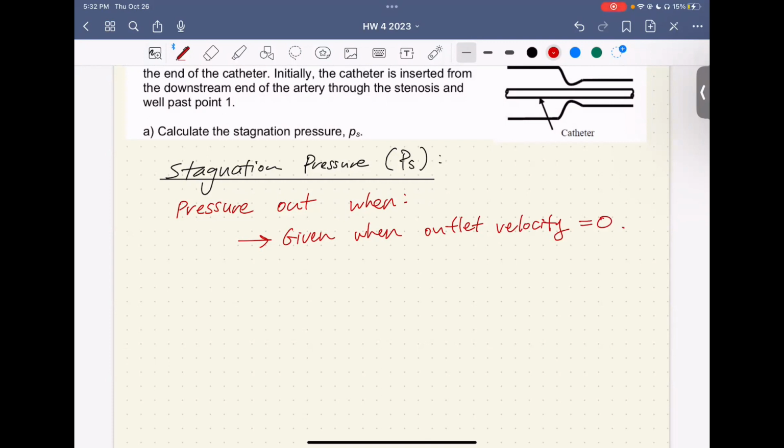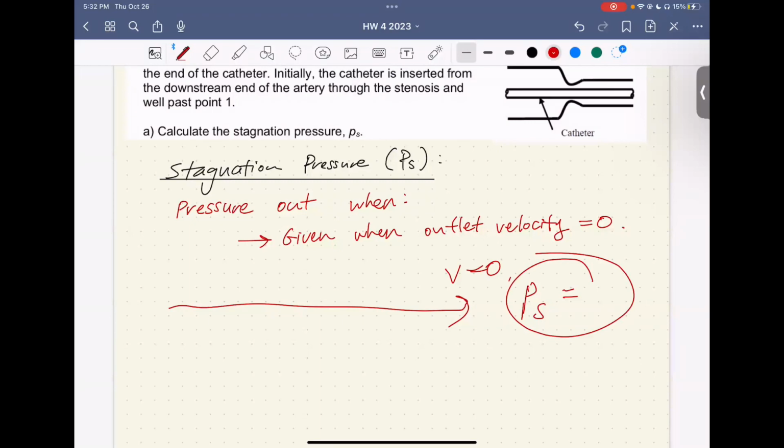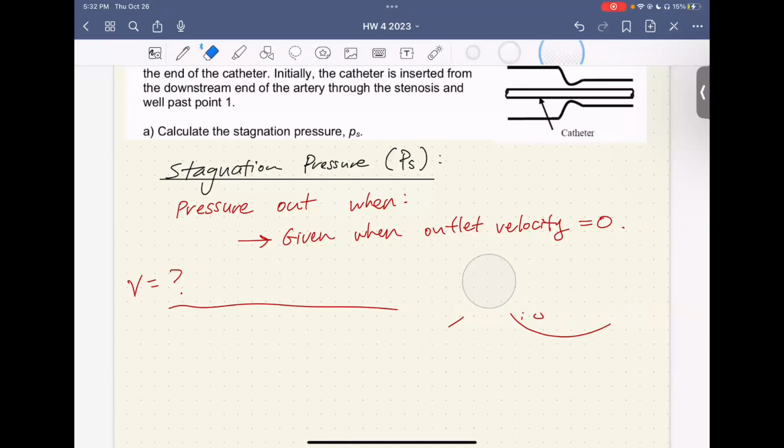So that's where stagnant, right? Stagnant is not moving. Stagnation pressure is when the fluid goes down this all the way and then stops at velocity equals 0. That is the stagnation pressure, the pressure at this point when velocity is 0, right? So this is derived by a simplification from the conservation of energy.